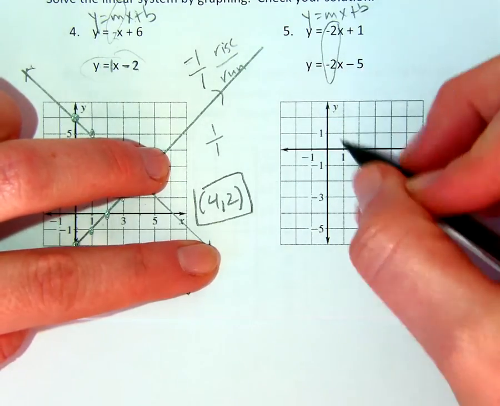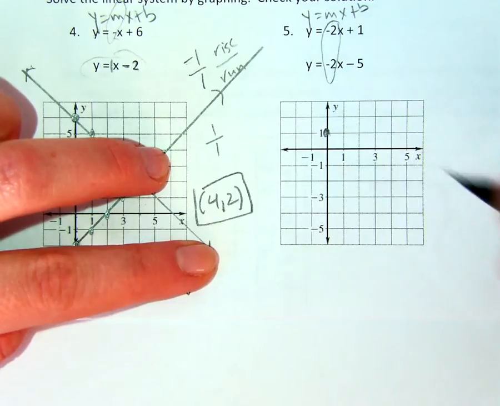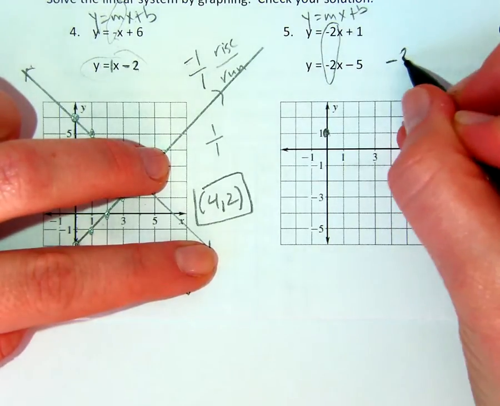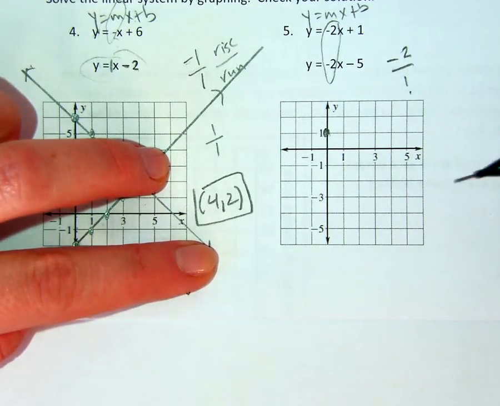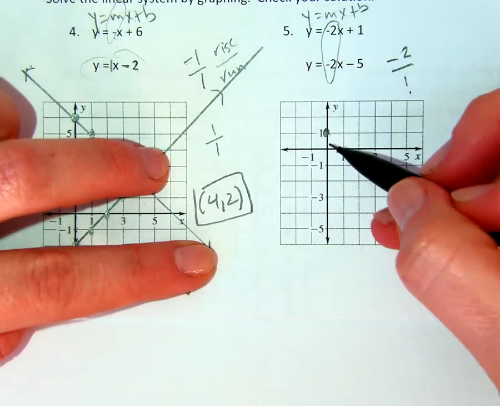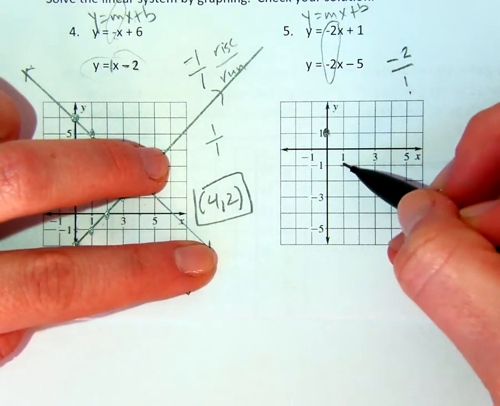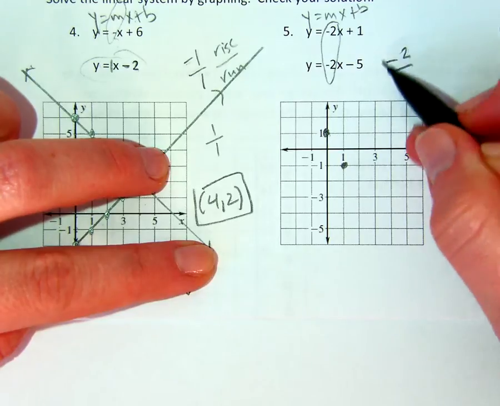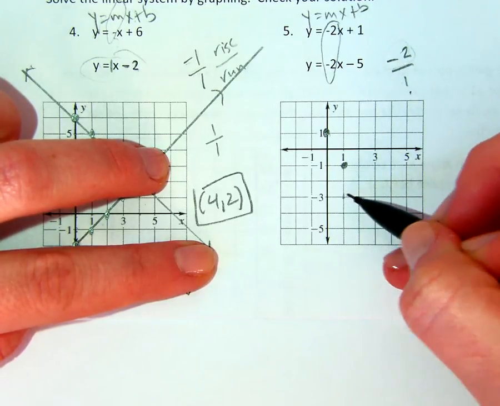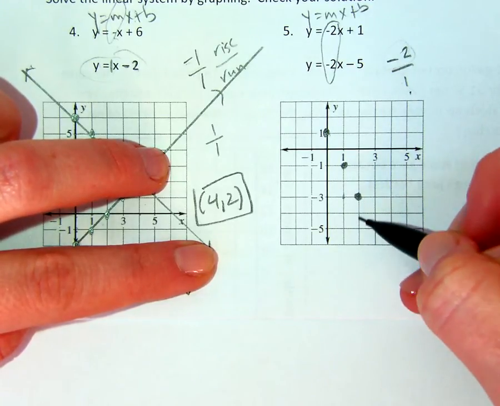So I have +1 for my y-intercept. -2 as a fraction is -2 over 1. So for my slope, down 2 over 1. I have a vertical change of -2 for every horizontal change of +1.